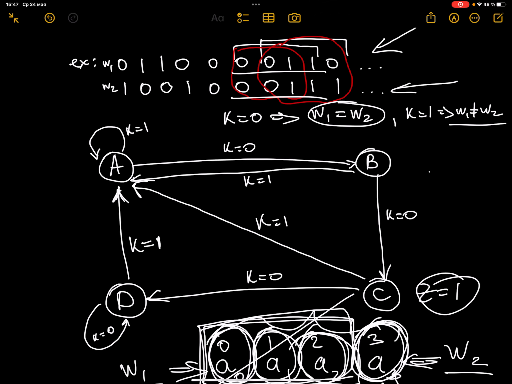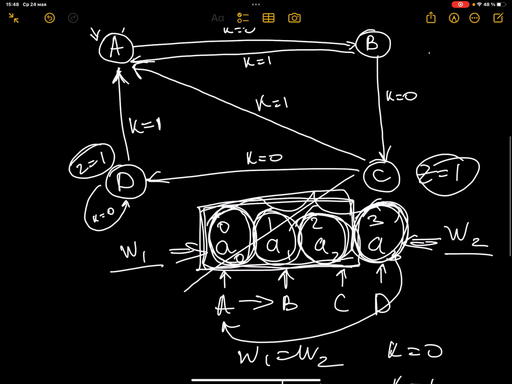Now tell me, at which condition does our function produce 1? Of course, only when at D we have K equal to 0.